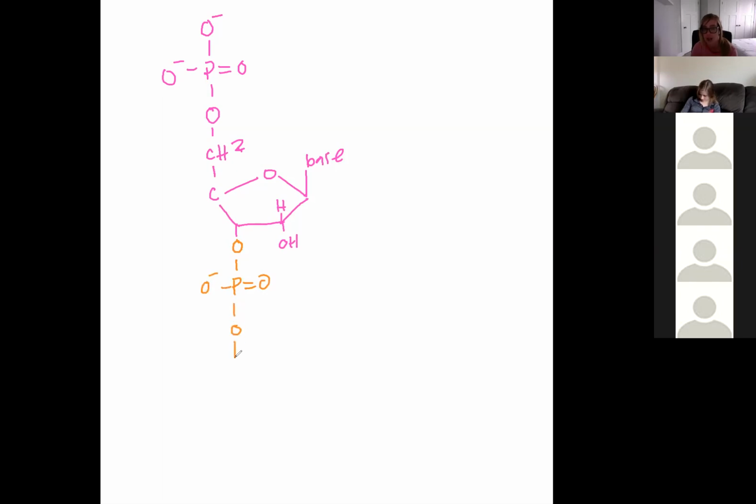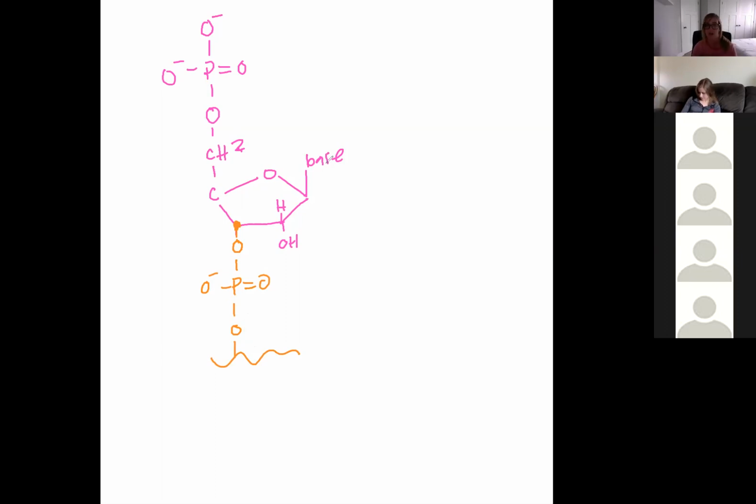And then I'm not going to draw it all, but I'll do this. Okay, and then that's where the sugar will be. Cool. So this is where the phosphate will attach, on this 5' carbon, with this O. Okay, this is your source. So this is how you'll answer the question.